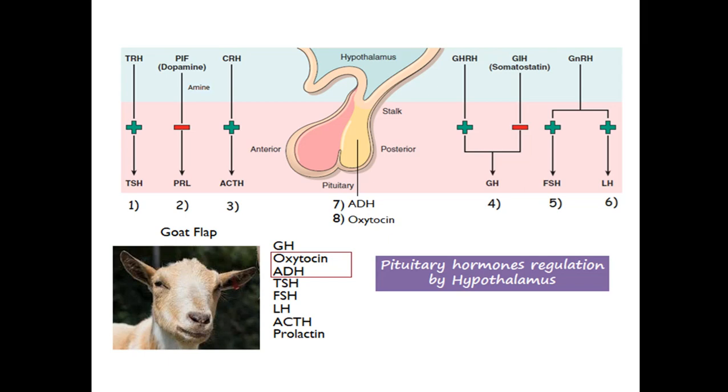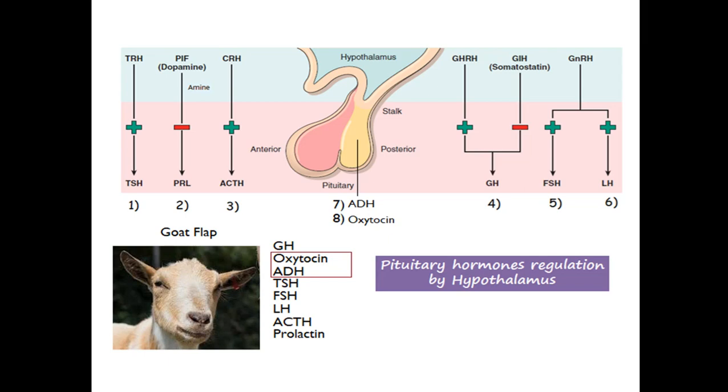The hypothalamus releases mostly the stimulating factors for the pituitary hormones, but there are at least two inhibitory factors.